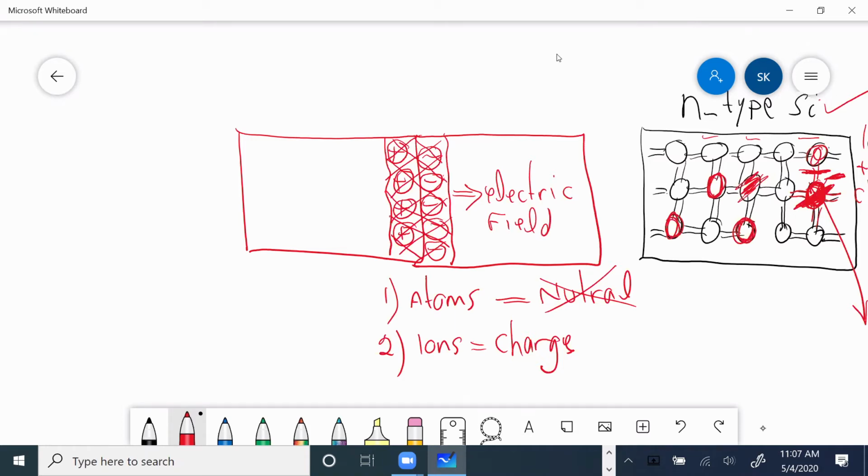This electric field is not measurable. We can't measure it. You know why we can't measure this? Because how do we measure? We have to obviously have a probe to go there. We have to connect some probe to measure. As soon as we put a probe, they annihilate. They just disperse.